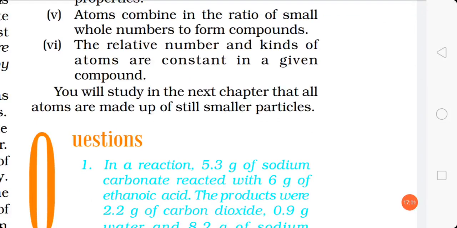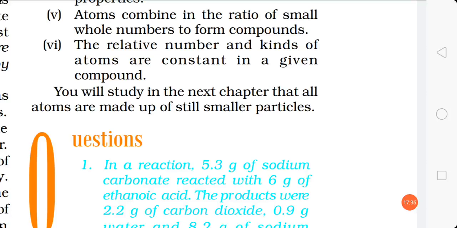So in comparison of oxygen, the number of hydrogen would be fixed. Okay, it would be constant wherever you prepare, whosoever prepares it. Okay, so that chemical would always have number of hydrogen and number of oxygen in the ratio of 1:1. It would remain in this ratio only.